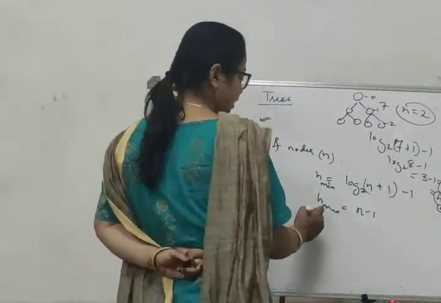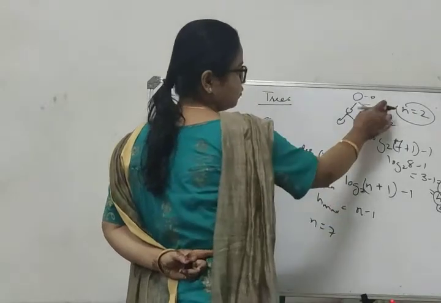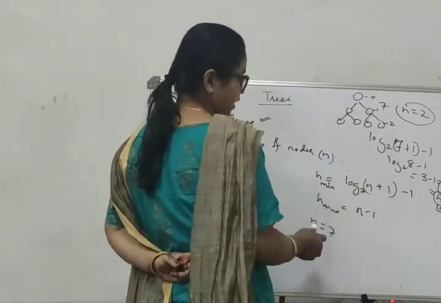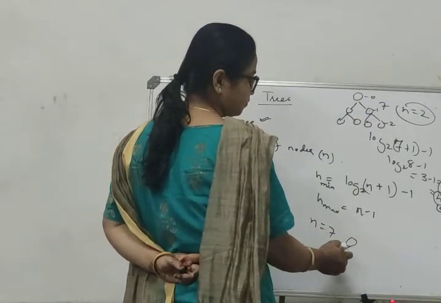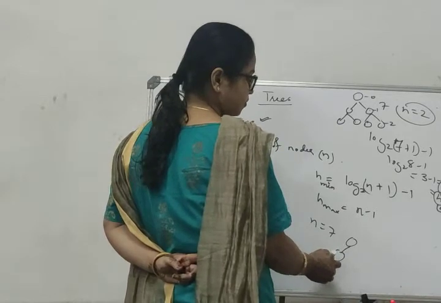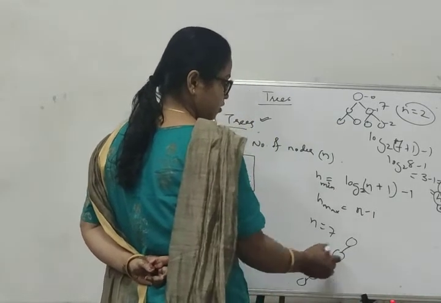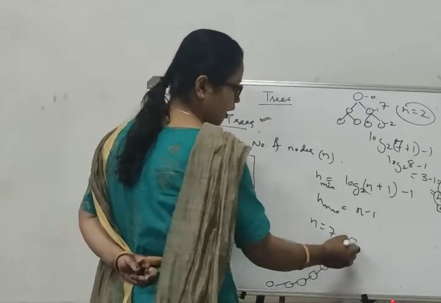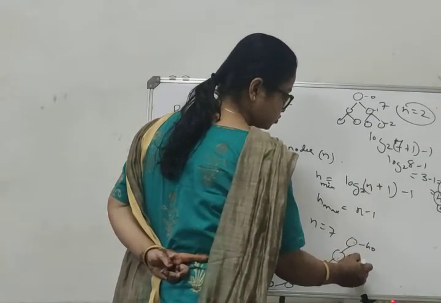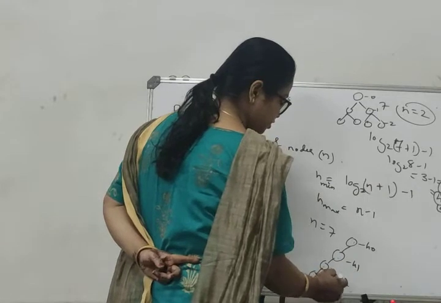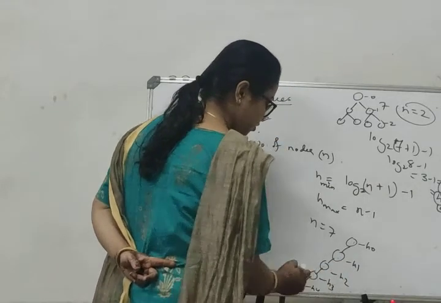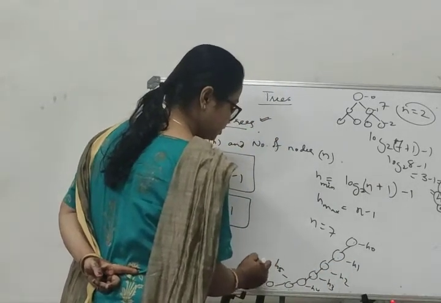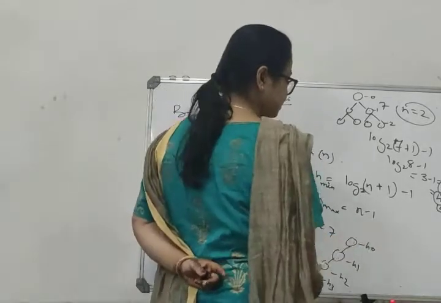Similarly, given n is equal to 7, what is the maximum height? What can be the maximum height? Maximum height can be like this: 1, 2, 3, 4, 5, 6, 7. So height is h0, h1, h2, h3, h4, h5, h6. So height can be 6.